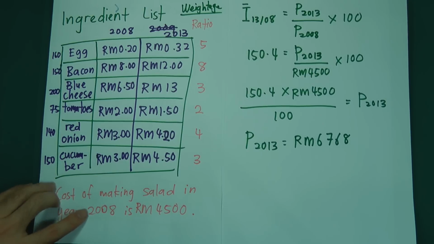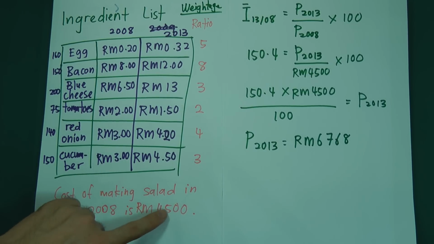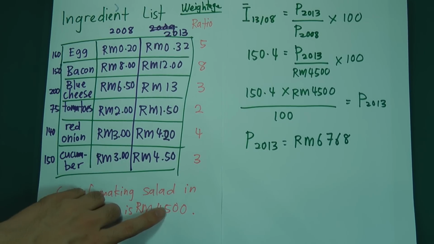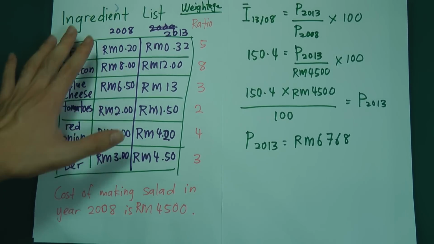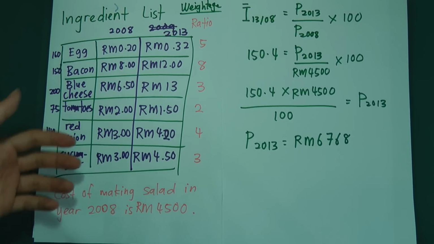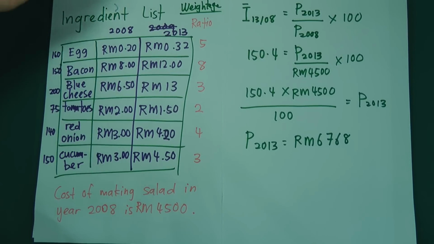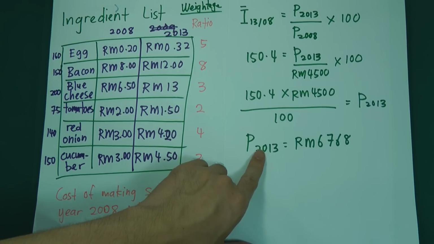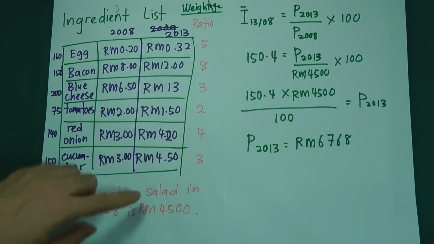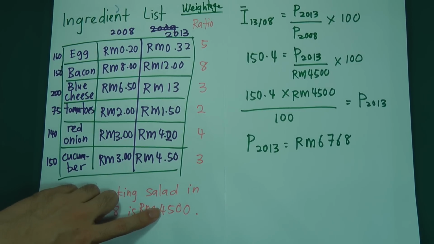So in year 2008 you only spent 4,500 per month to buy all the items you're going to use. Of course, after you sell all the salad, you still make the revenue. But then in year 2013, you're going to pay some extra 2,000 plus to buy your ingredients.